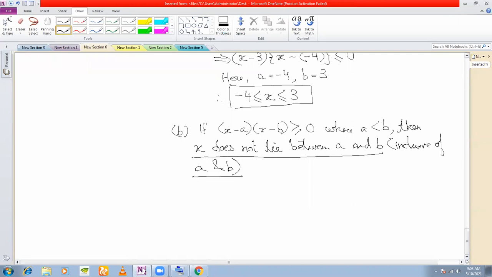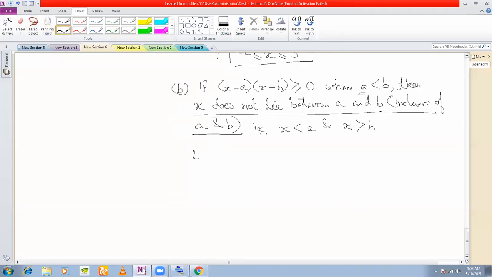Mathematically, since a is less than b, you write this as x less than a and x greater than b.